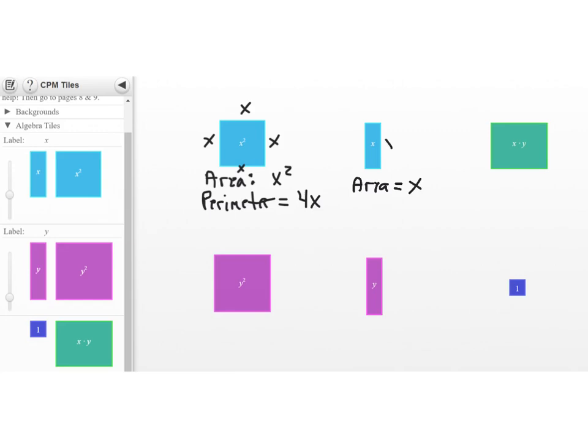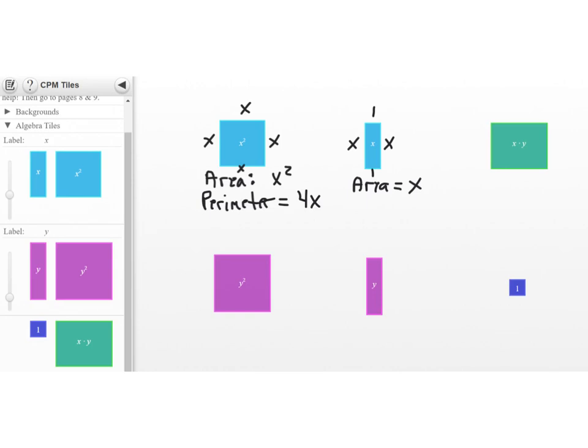And that means this side and this side, if you look closely, you can see that they would line up with the other x squared tile exactly. So those are side length x. And then we haven't talked about it yet, but on those two sides, each of those has a length of 1, which would match up with the small 1 tile we have right down here.